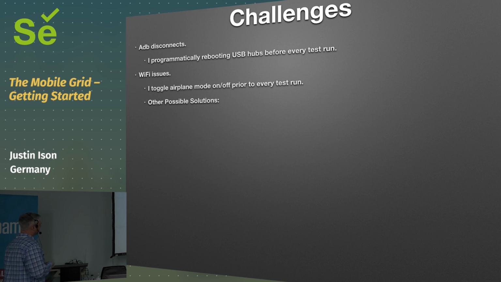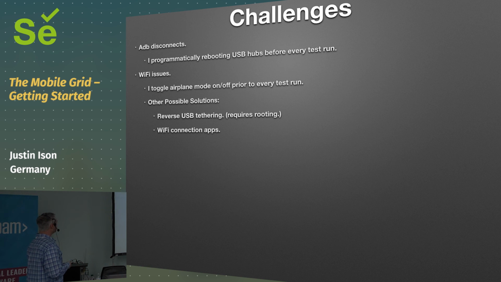Other possible solutions for Wi-Fi: you can reverse USB tether the device. Basically that means you get the internet connection from your computer through the USB cable, but you have to root the phone, which I didn't want to do. There are also Wi-Fi connection apps that help keep the connection, but I wasn't able to find one that really worked all the time.